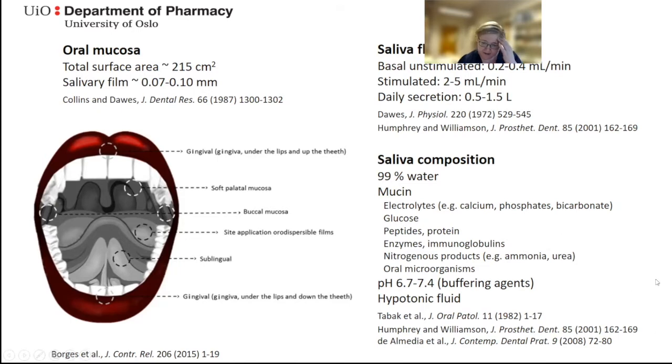The bicarbonates together with urea and the phosphates modulate the pH. It's a hypotonic fluid. That is, it starts out when it's secreted as an isotonic fluid, but when it comes out of the glands and reaches the oral cavity, it is diluted with water, so it's a hypotonic fluid.